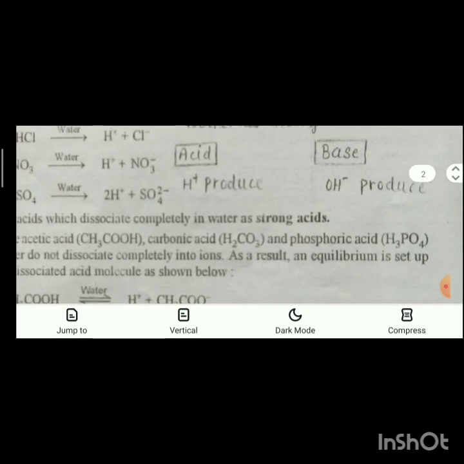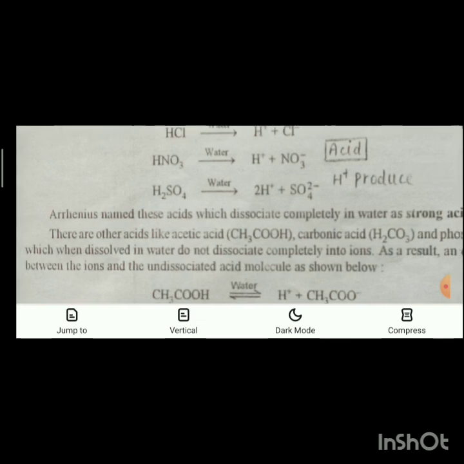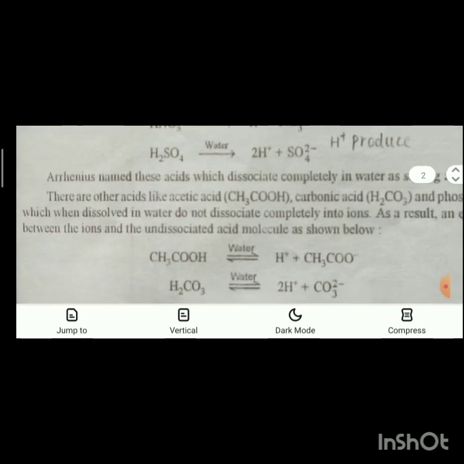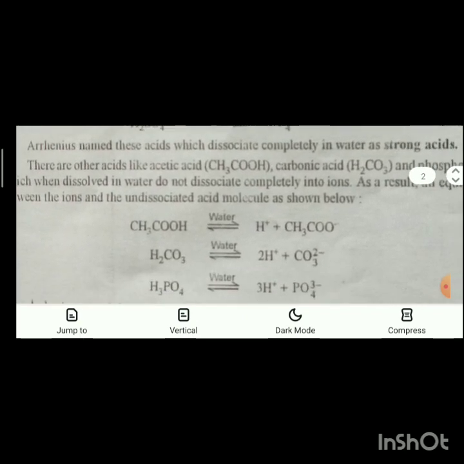There are other acids like acetic acid CH3COOH, carbonic acid H2CO3 and phosphoric acid H3PO4, which when dissolved in water do not dissociate completely into ions. As a result, an equilibrium is set up between the ions and the undissociated acid molecule as shown below.